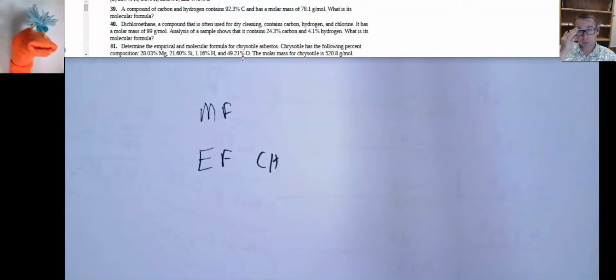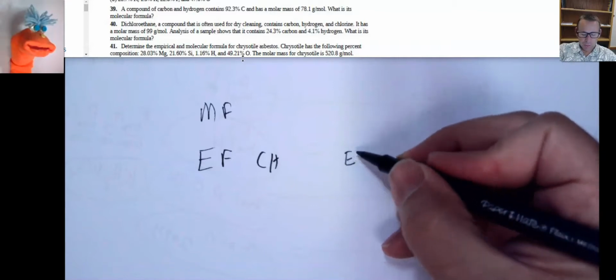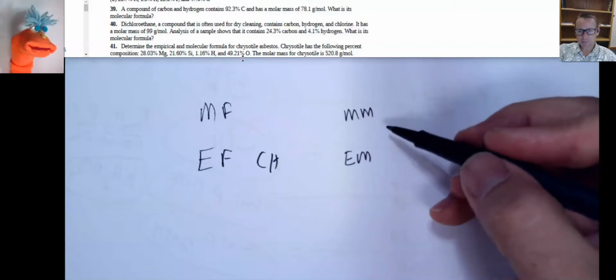We don't know the molecular formula. What other information do they give us? They give us the molar mass, or the molecular mass, we can call it, because we know this is a molecule. And that same relationship between the empirical formula and the molecular formula exists between the empirical mass and the molecular mass, or the molar mass.